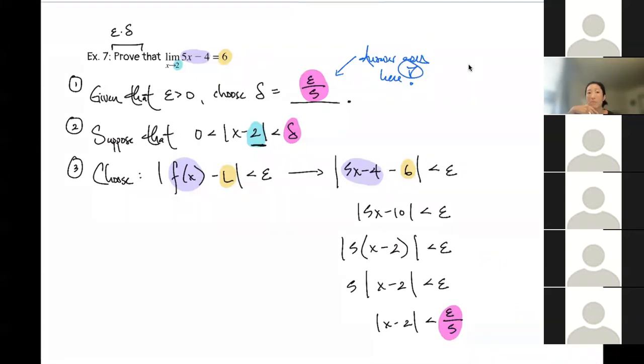But given that epsilon is greater than 0, what should we choose in order to guarantee that we're going to get the output we want, which is 6? Well, it turns out that if we have this arbitrary number, and then we divide that arbitrary number by 5, if that's what we limit our input to be, then we're always going to get the output we want.